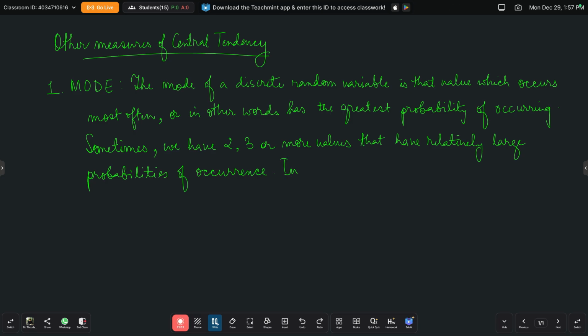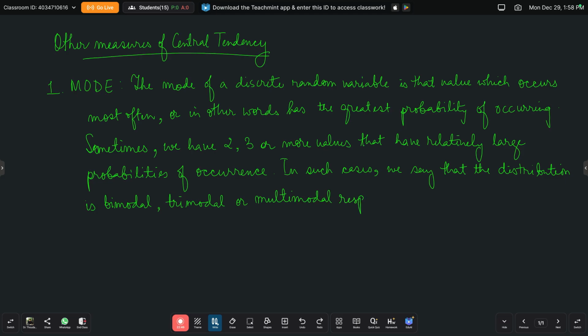In such cases, we say that the distribution is bimodal, trimodal, or multimodal, respectively.